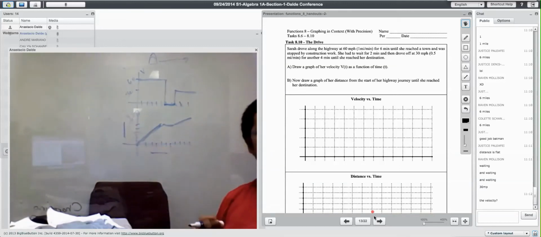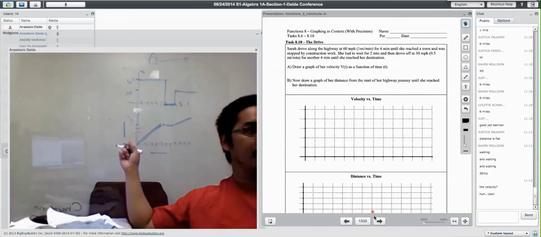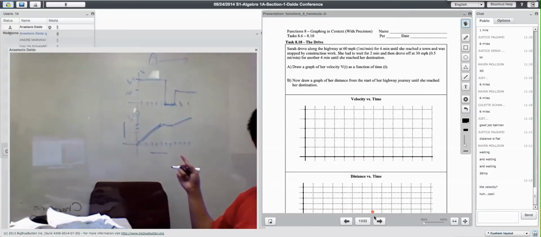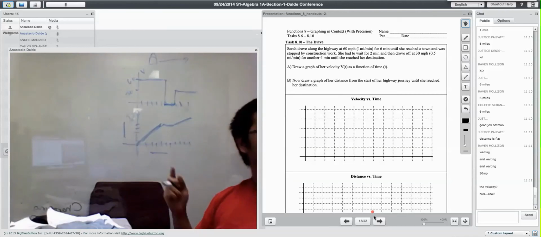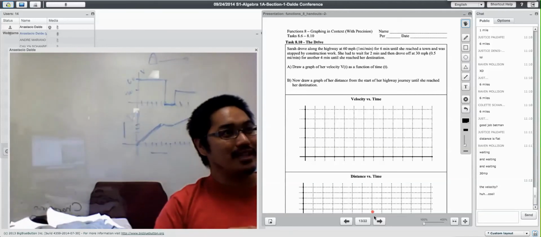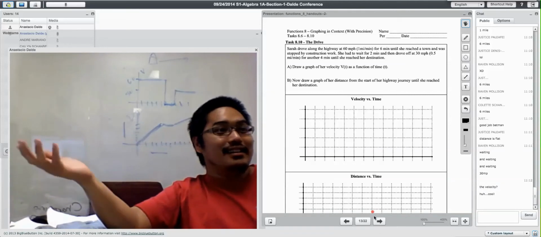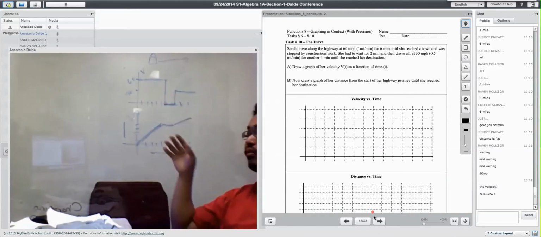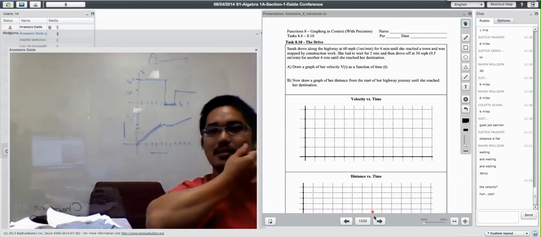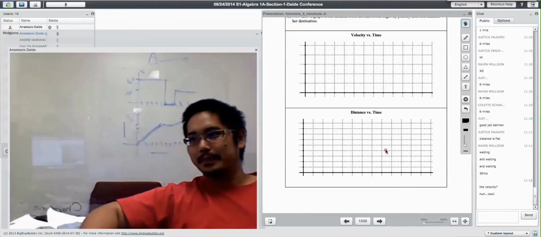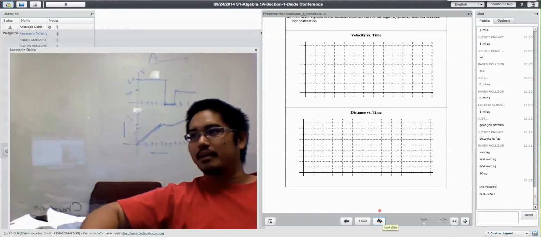How high you change depends on the distance you go, right? Your change in distance divided by your change in time. Hey, wait a second. Distance divided by time. That's velocity. That's why this graph is totally related to this graph. Does that make sense to you? Did that blow your minds? We're good. I'm happy.